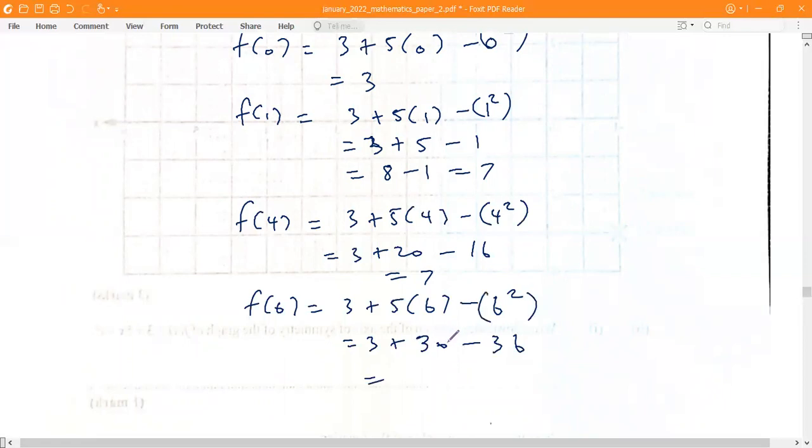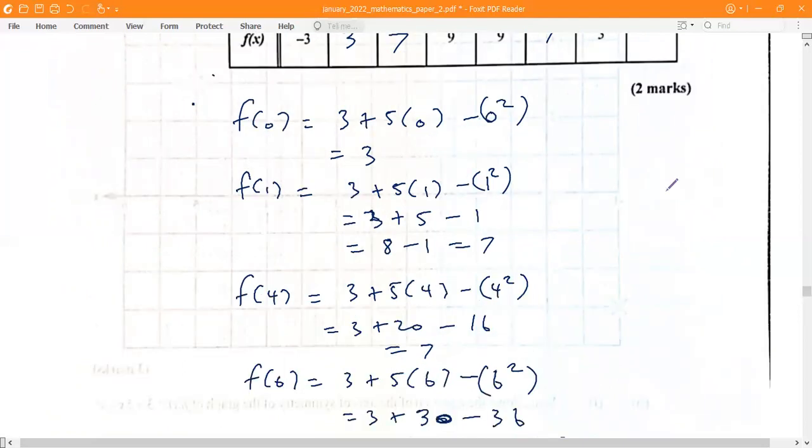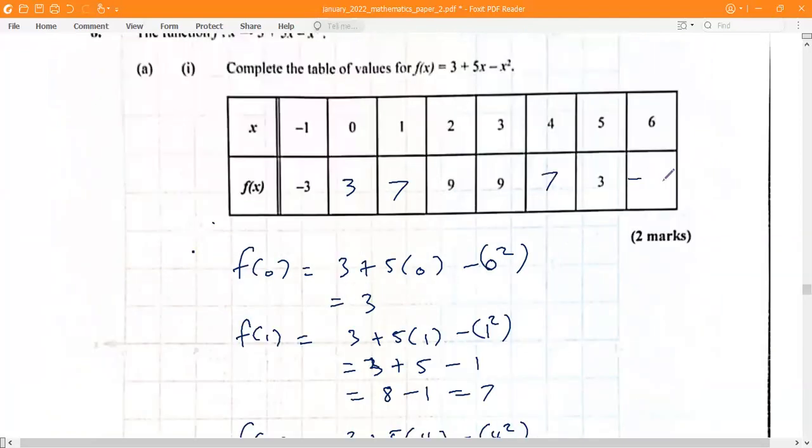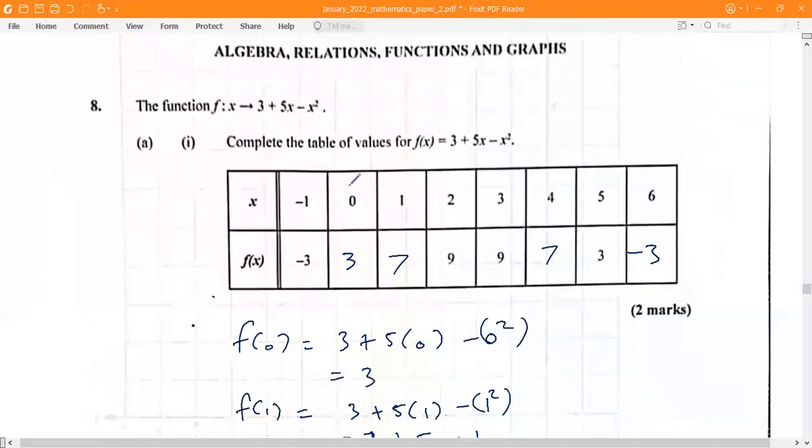So 33 minus 36, negative 3. So negative 3 is the last value of f of x, right? Good, so we have completed our table of values, using the function 3 plus 5x minus x squared. So we were substituting values of x into this function, okay?